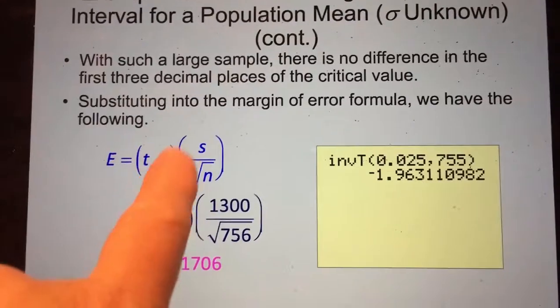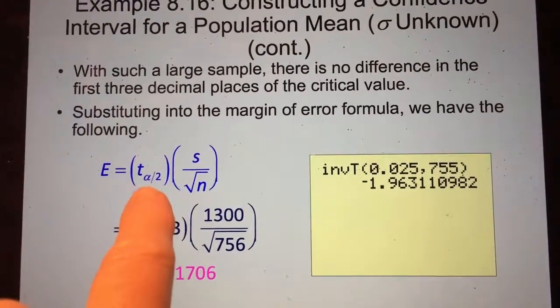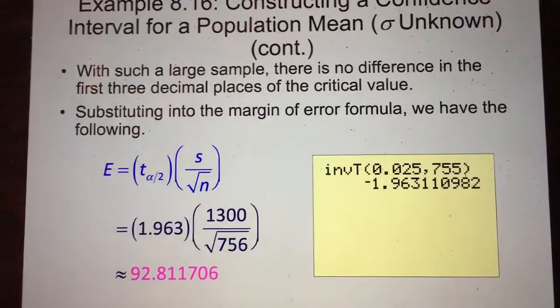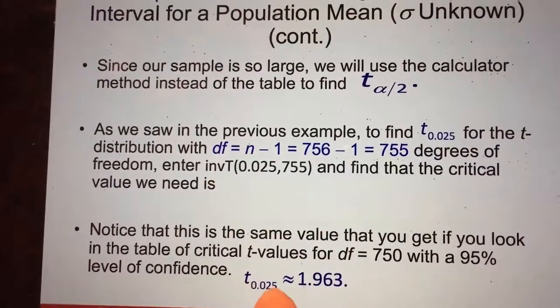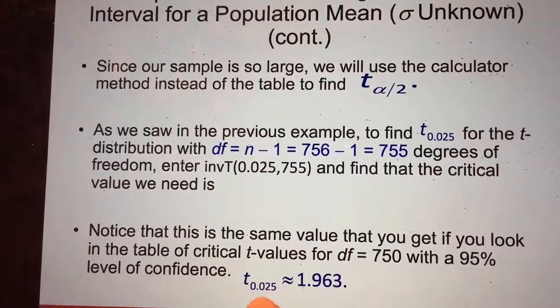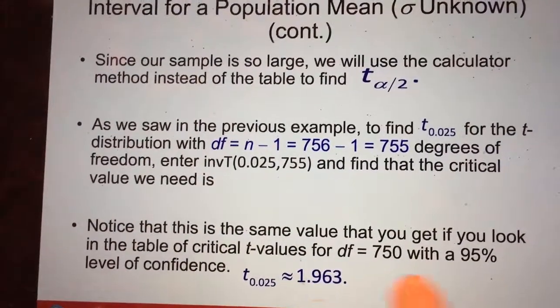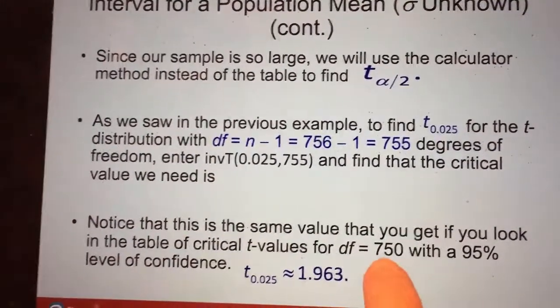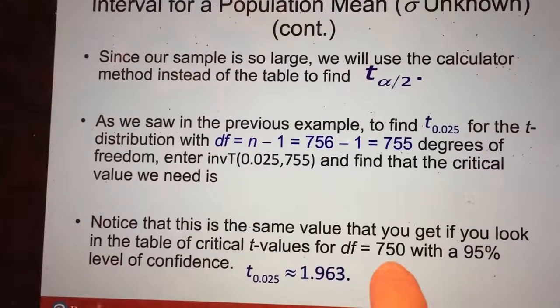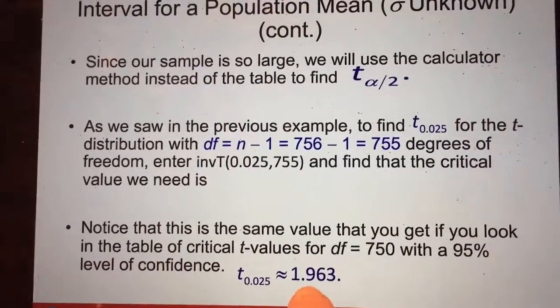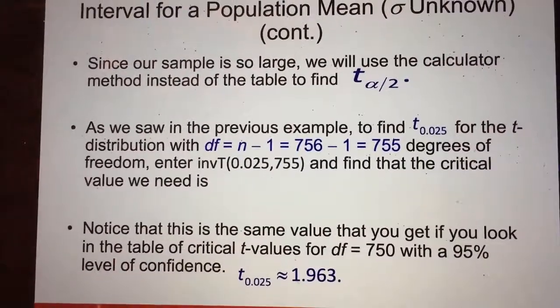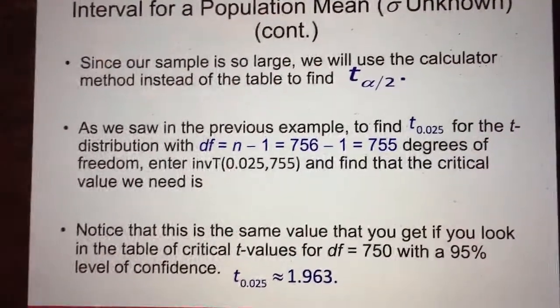We have to use our critical value, and our critical value was done on the slide before. So 0.025, because we wanted a 95% confidence interval. And when we looked it up, since we have degrees of freedom of 750, we get 1.963. You should be able to verify that on your t-distribution table.